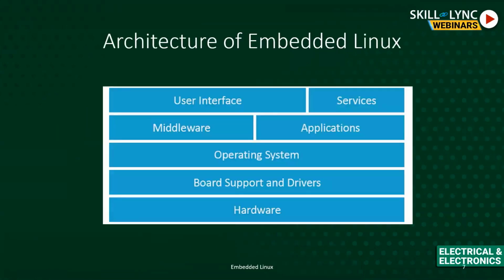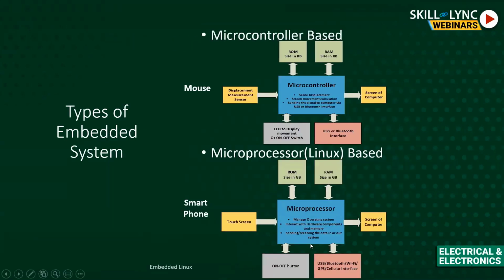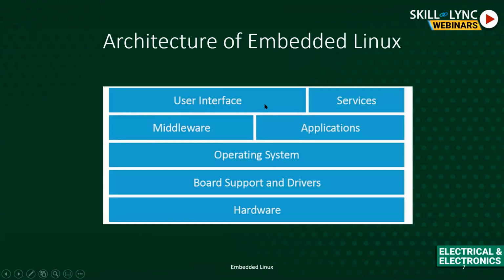So if we see the architecture of embedded Linux, which is running predominantly on the microprocessor, it could have the user interfaces or the services, which are running continuously on the middleware and the application.